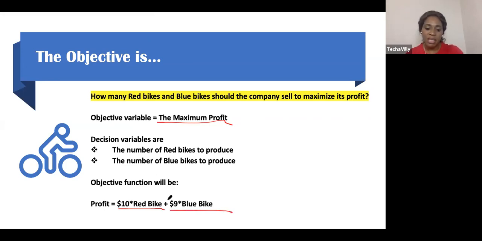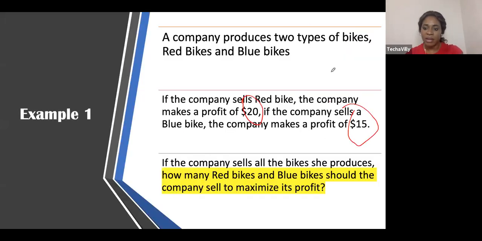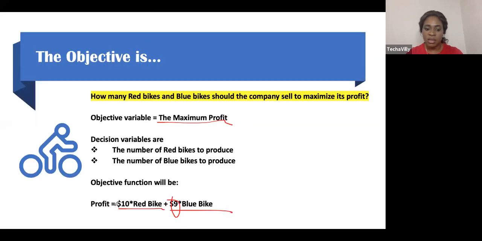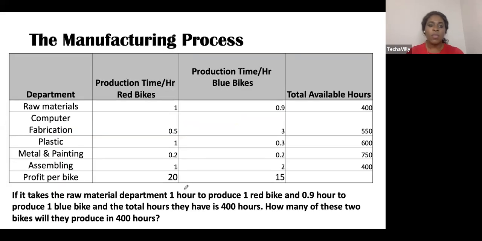This amount here is the profit. These are the profit, and this is 20, and this is 15. Forgive my handwriting.